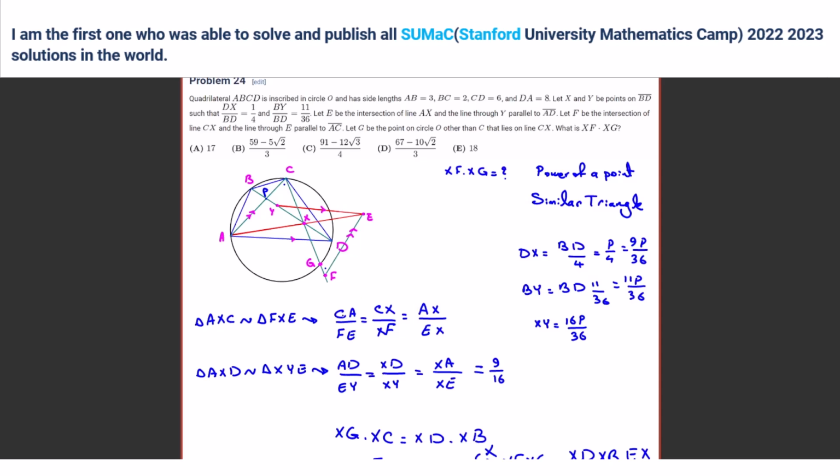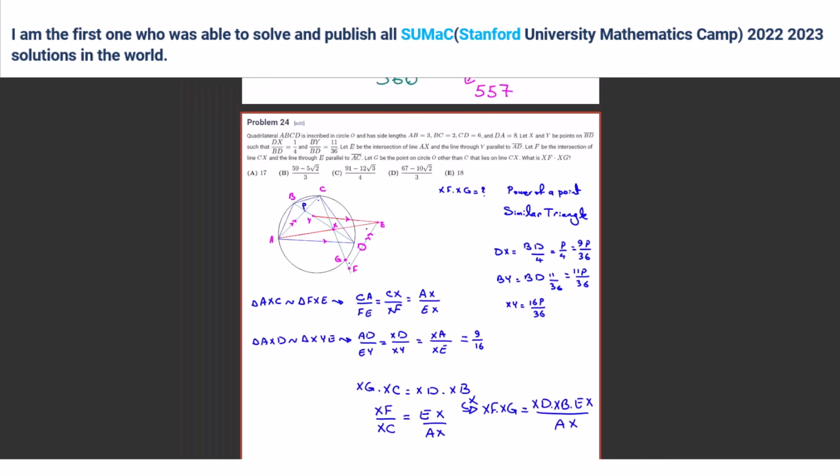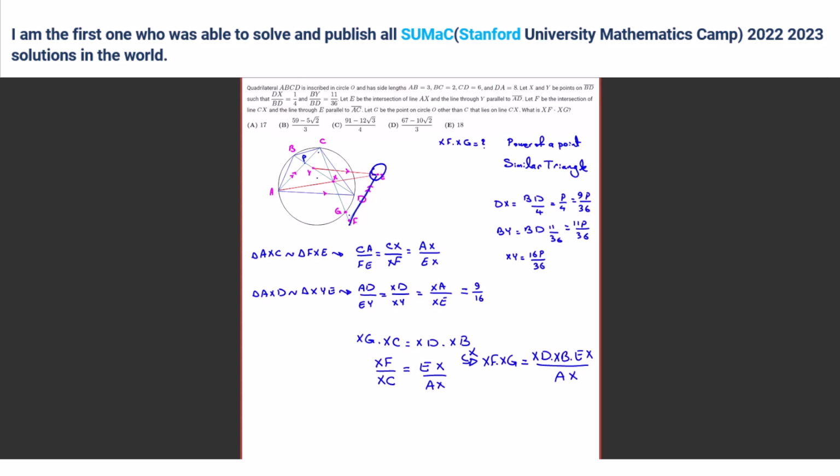In this part, we know XE, AX, for example. XA is better than XE, I agree, because you created E, but AX is better. So XF times XG. So XE over AX is what? 16 over 9, right? Yep.